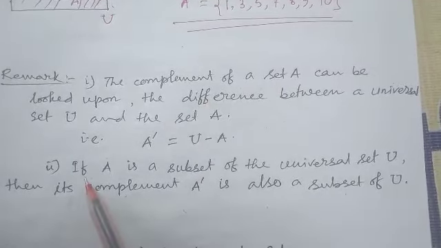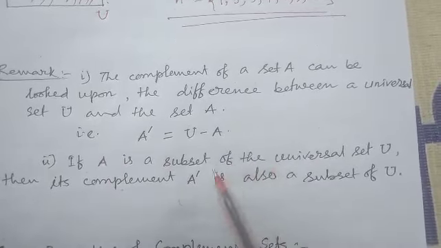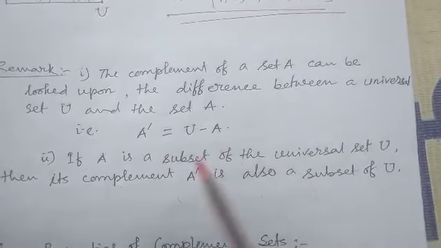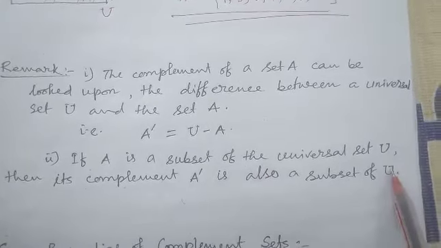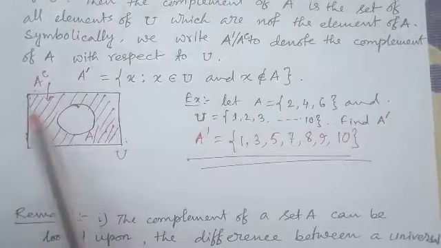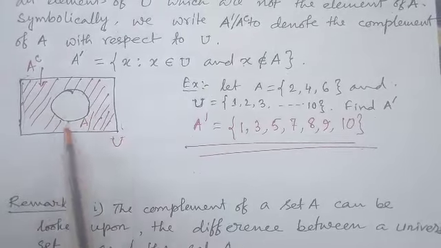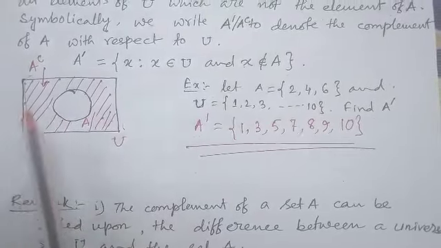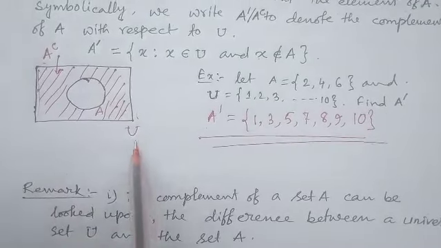And next one is, if a set A is a subset of the universal set, then its complement is also a subset of the universal set. Why? Because you see in this Venn diagram representation, this A complement portion is also inside the universal set. That means obviously this A complement is a subset of this universal set.